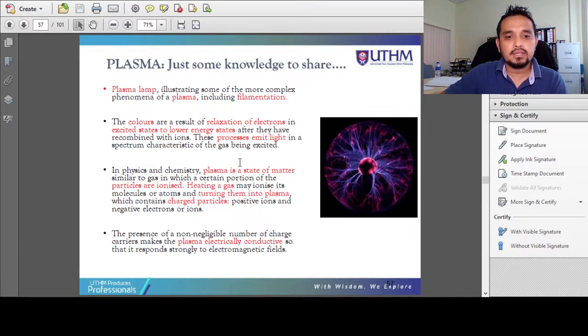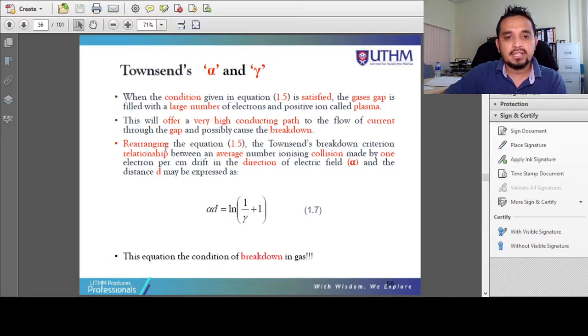Obviously we look into this and rearrange equation 1.5, the Townsend breakdown criterion, between an average ionization collision made by one electron per second. That can be expressed as alpha times d, the gap distance, equal to ln of (1 over gamma plus 1).